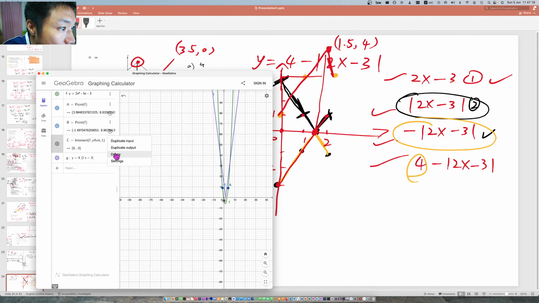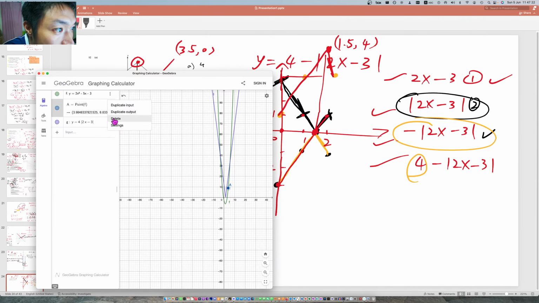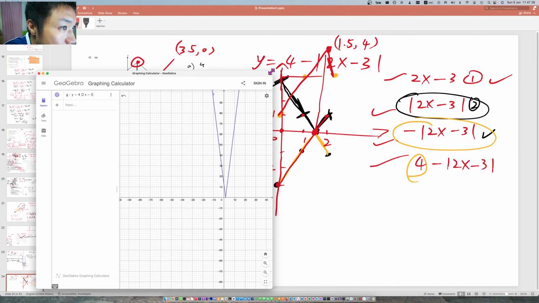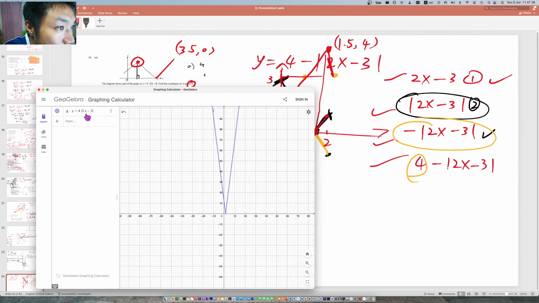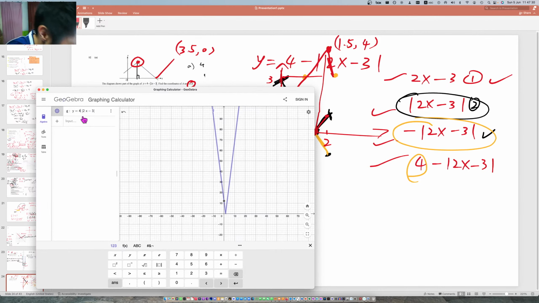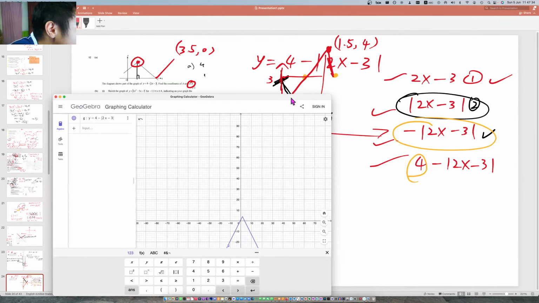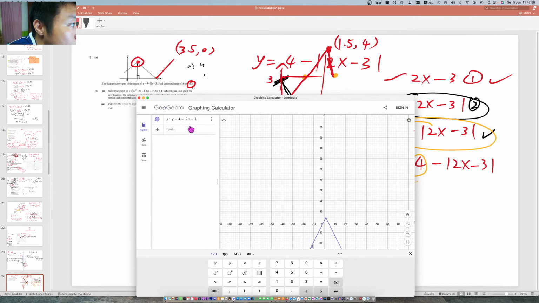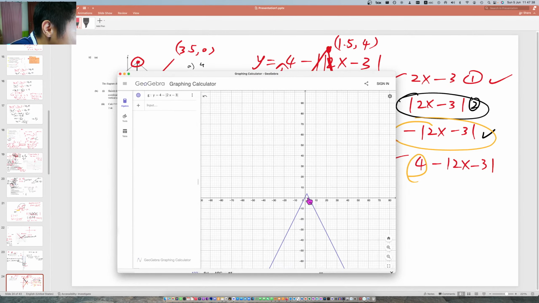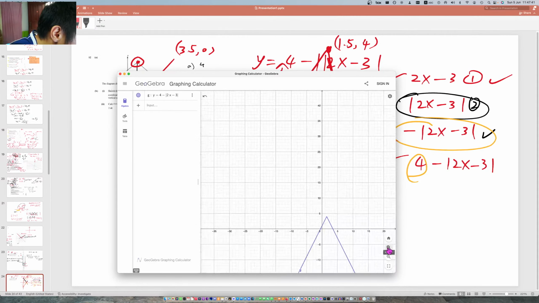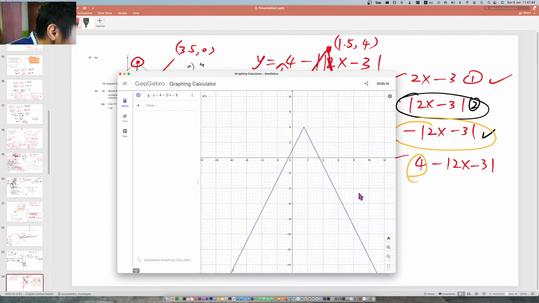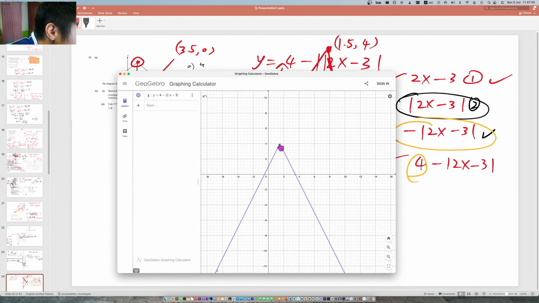It's not accurate because the accuracy of the point is not there. Yeah, this is supposed to be the one.